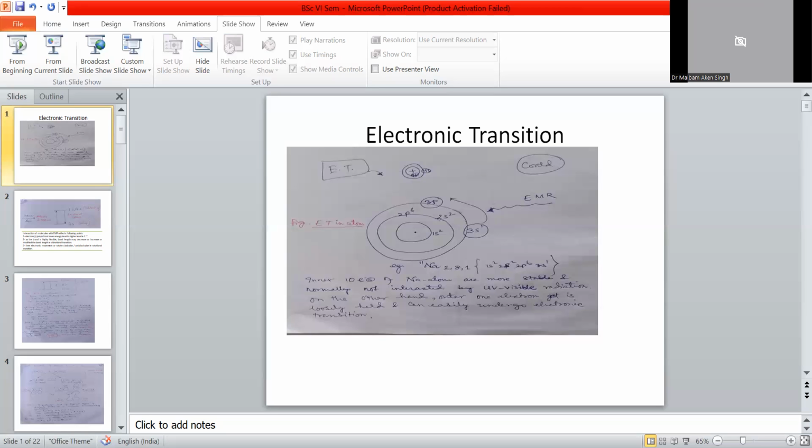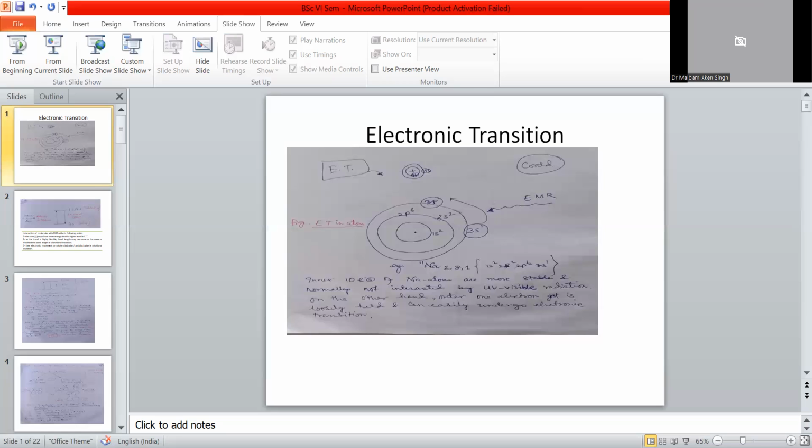Here there are sigma bonds and non-bonding electrons around oxygen. Here also sigma bonds and non-bonding electrons around nitrogen. Also ether, ethanamine, ether also. So in such molecules, the n to sigma star transition takes place due to the presence of n electrons.